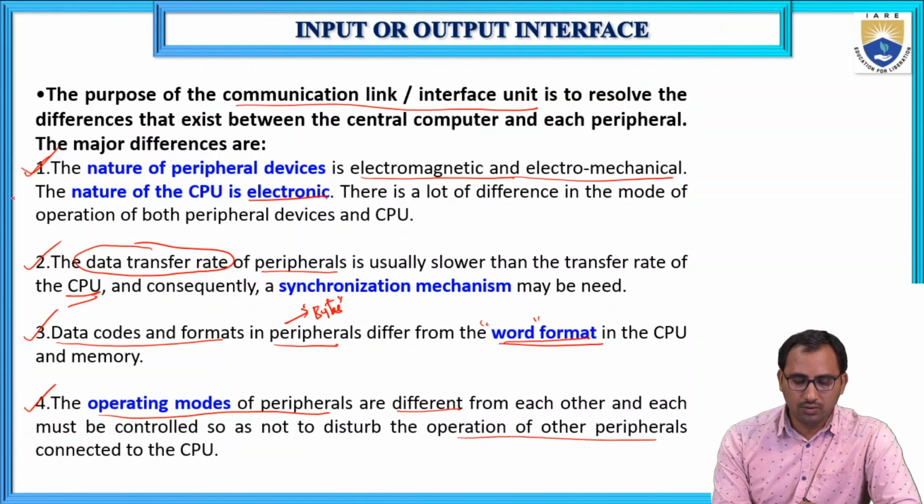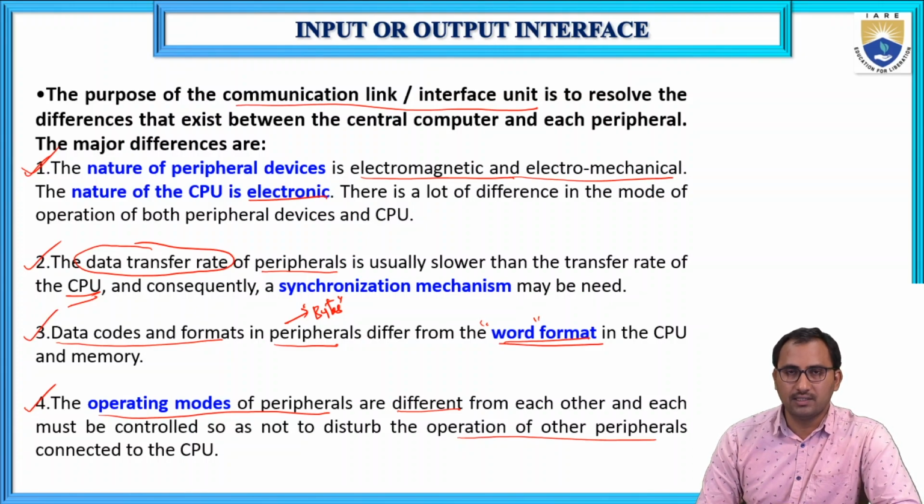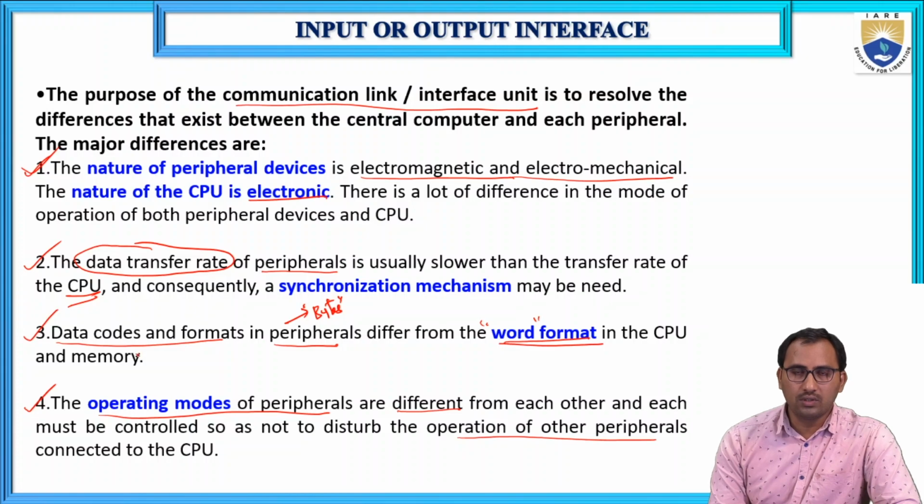So mainly we have seen four differences that exist between the CPU and the IO devices. The first one is the nature of operation, the second is the data transfer rate, the third is data codes and formats, and the fourth is operating modes. These are the four differences.